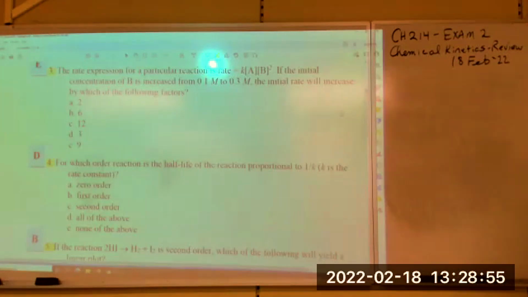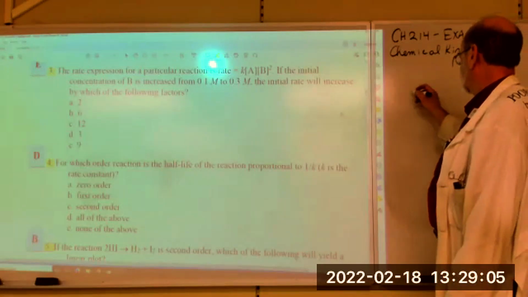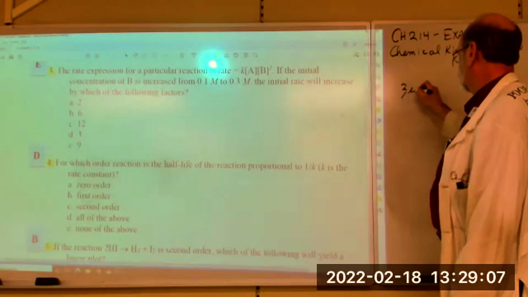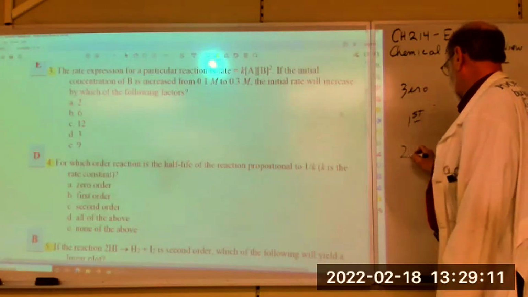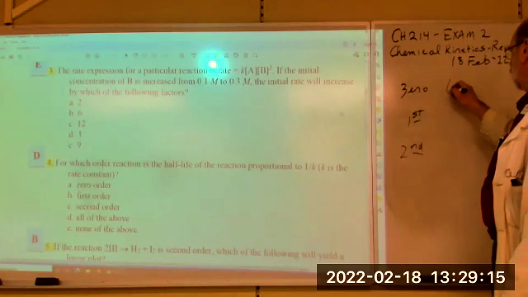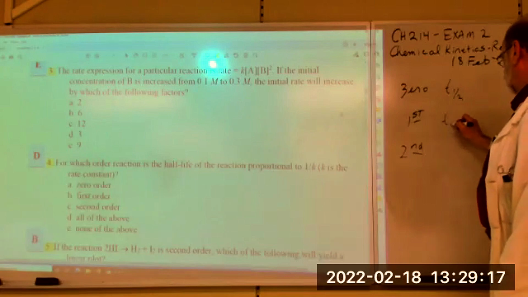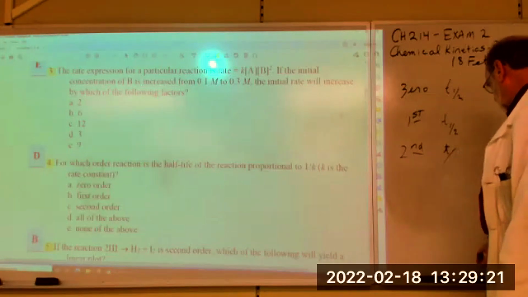4. For which order of reaction is the half-life of the reaction proportional to 1 over K? K is the rate constant. Okay. What's the half-life for, let's see, 0 order, first order, second order? What's the half-life for each one of these?